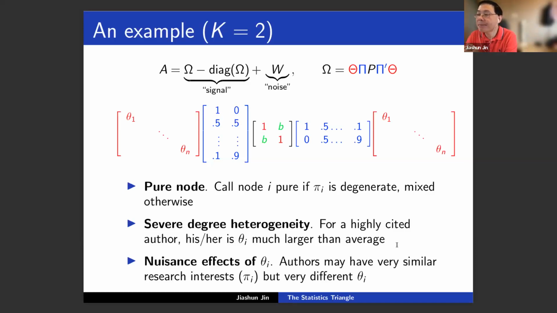At the same time, one of my students may have a theta i very different from mine, but his pi i and mine may be very similar. This means you can be very senior and very high impact, but your pi i may be very similar to a junior faculty's. So in order to learn pi i, theta i is a nuisance parameter, and in order to estimate pi i, we need to remove the nuisance effect of theta i.